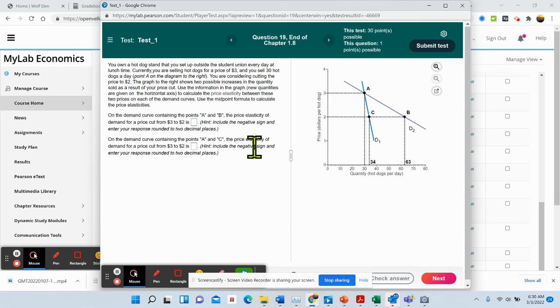At point B, price is equal to 2, quantity is equal to 63. And at point C, price is equal to 2, quantity is equal to 34.